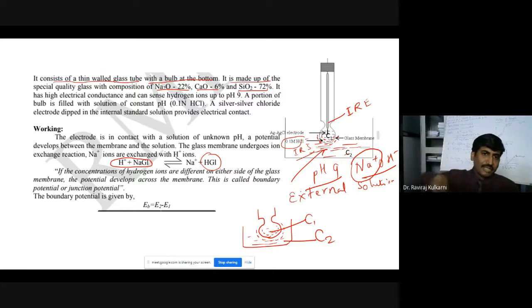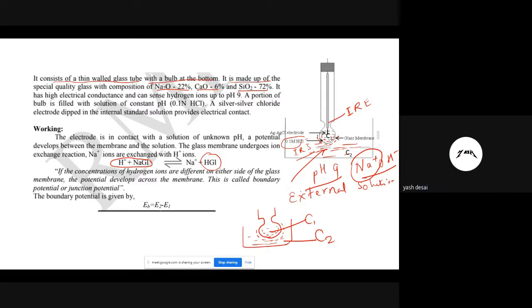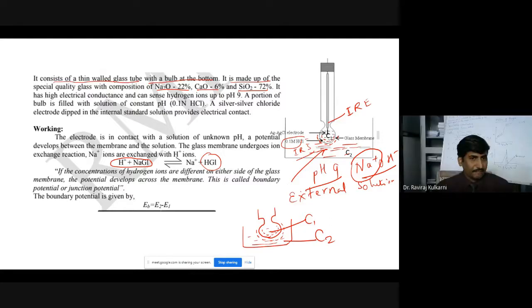Why is this potential developed? Why does the potential difference exist? Because of the difference in the electrode potentials. So for the internal reference, can you tell me the Nernst equation for the potential developed with the internal H plus ion solution?